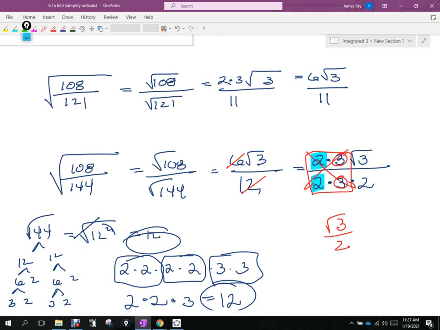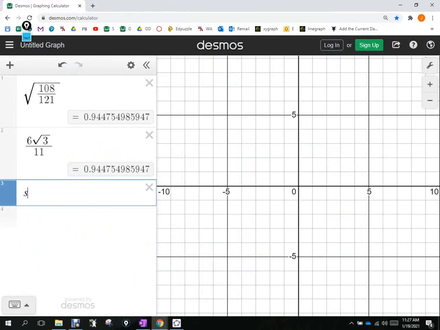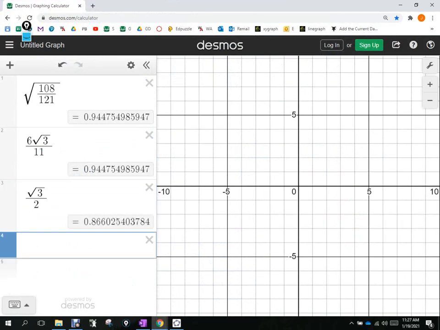And just to double check that, if I take radical 3 divided by 2, I think it's going to be like 0.707. No, 0.866.